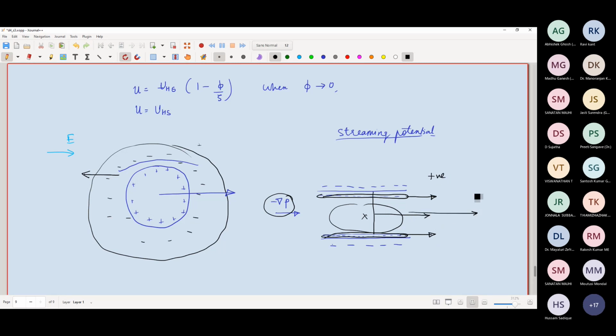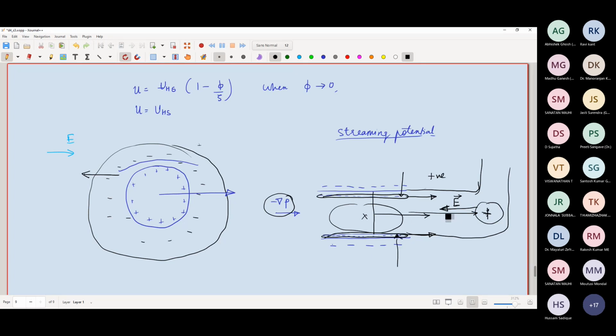So if there is a reservoir over here, then you are causing the positively charged ions to be advected towards this side. So there will be a larger accumulation of positively charged ions over here, and that will cause an electric field to act like this. Now remember that these clouds are also positively charged.